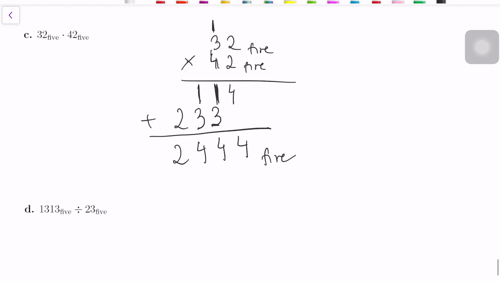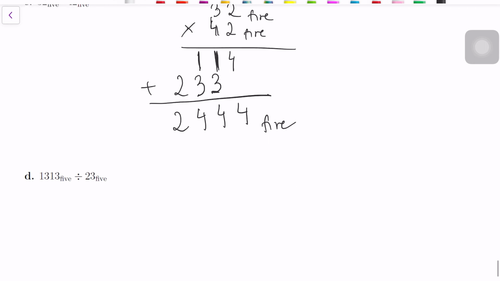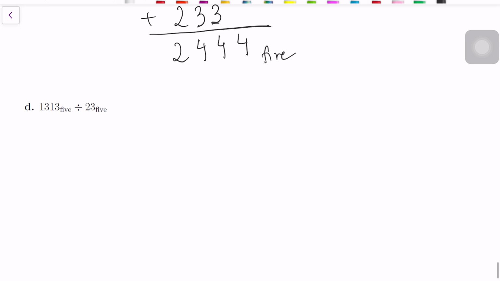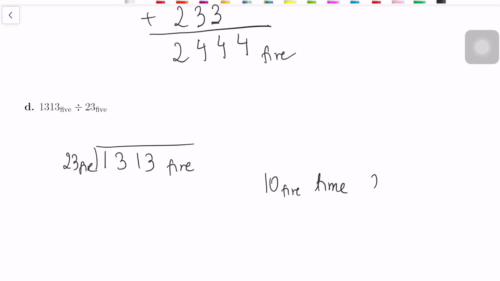So I have, okay, let's do this one. Division is always complicated. So remember what I will do, I will start with 10 times 23. I'm trying to fit 23 in the number. So let's start with 10 times, because I know 10 times 23 is 230. It's just annexing 0.